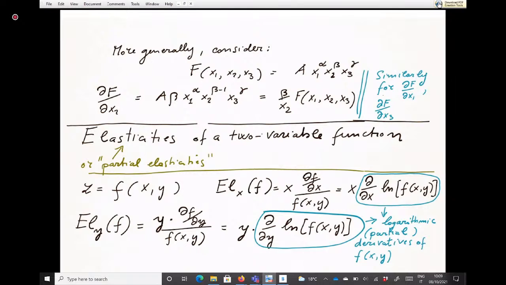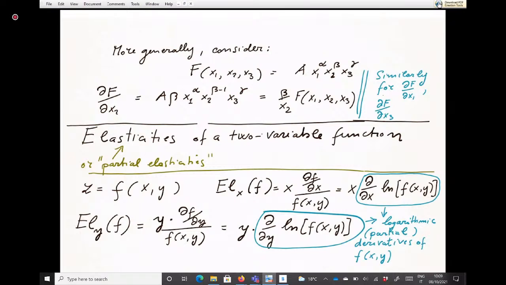So what is the elasticity supposed to measure for a one-variable function? It's another measure of change, very popular in applied economics. Why is it popular? Because it measures the ratio between the relative or percentage changes of the dependent and independent variable, okay?